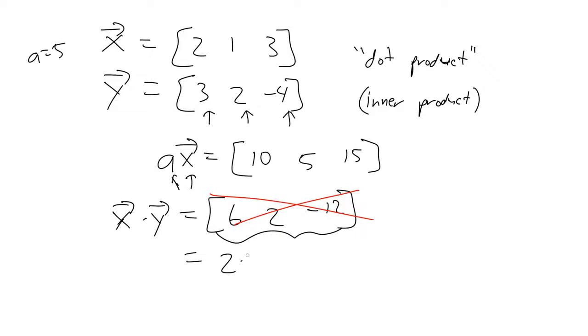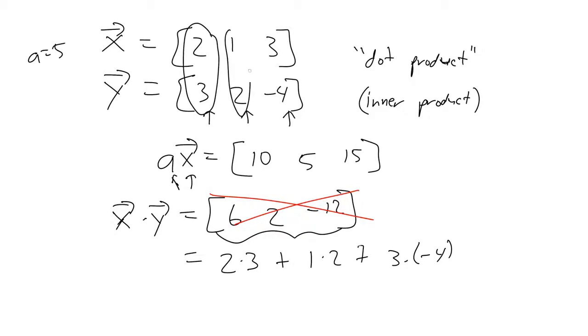So I'm going to take 2 times 3 plus 1 times 2 plus 3 times negative 4. Okay? So in other words, I am going to take each pair of things and multiply them together. But my final answer is not the vector that contains those three elements. Rather, what I'm going to get back is the sum of those three different things.